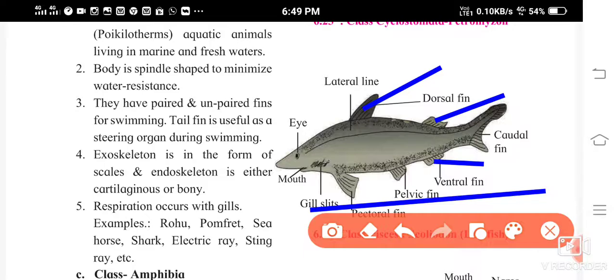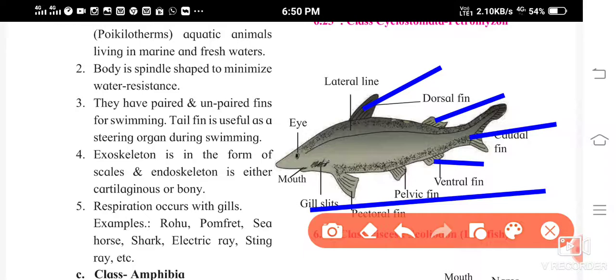So these paired and unpaired fins, what are they used for? They are used for swimming. And this tail fin, or caudal fin, is useful as a steering organ. In a vehicle, the steering helps to change direction, just like that here also, this caudal fin is useful.